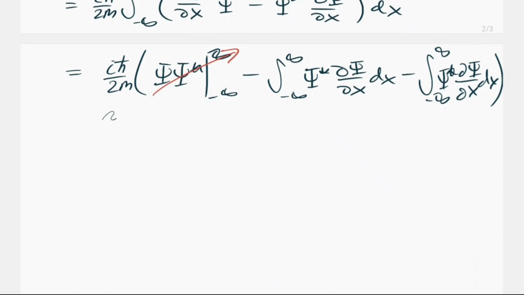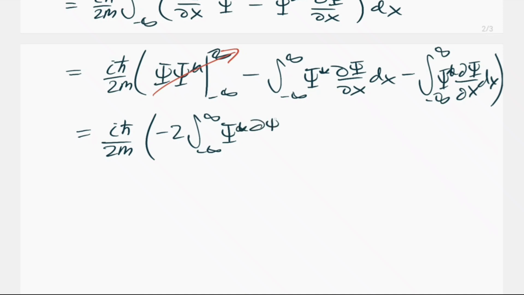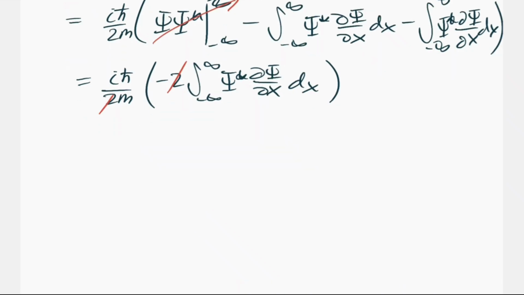This is equal to i h bar over 2m times negative 2, since we have negative 1 of that term minus another one of that term, times the integral from negative infinity to infinity of psi star d psi dx, dx. Our 2's cancel out, and we're left with that negative 1 still.